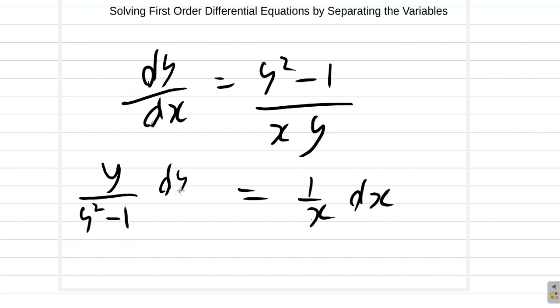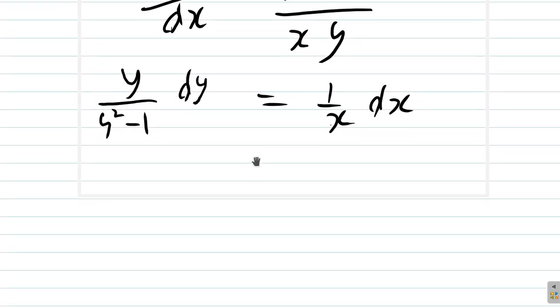Now, we now find the integral. We integral y over y squared minus 1 dy equals integral of 1 over x dx.